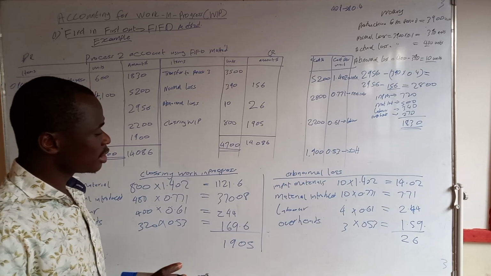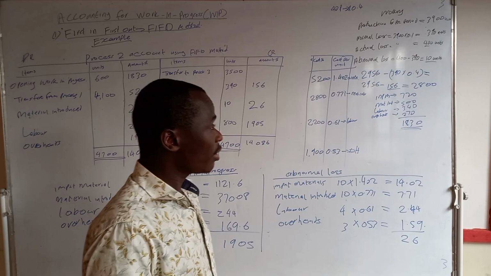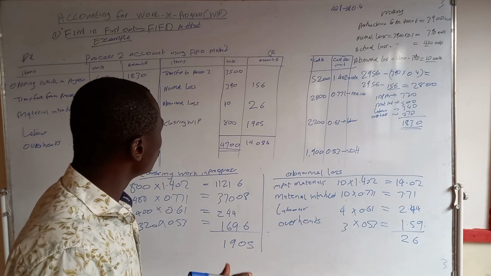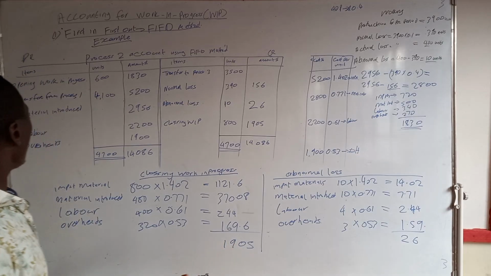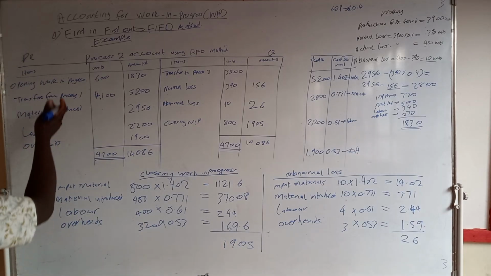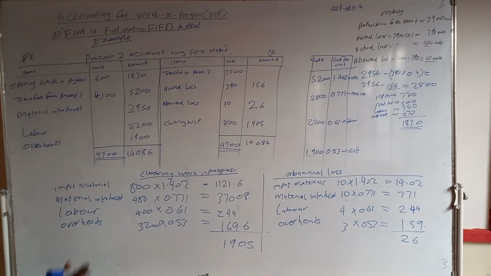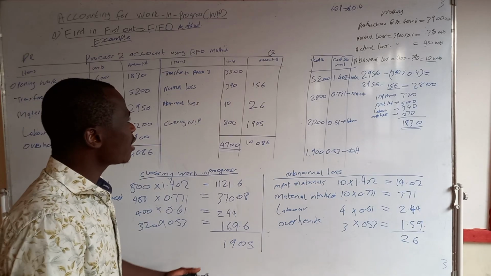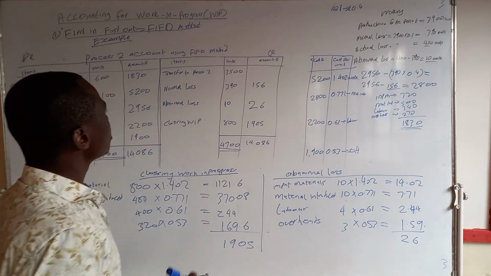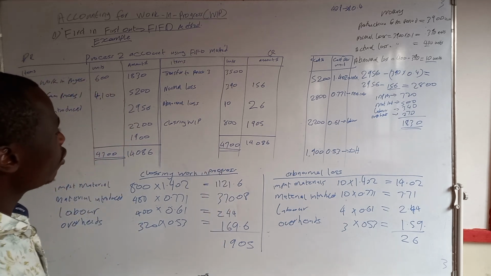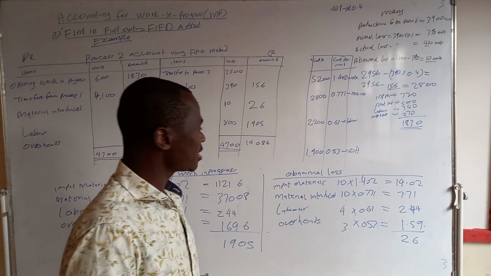So we cannot singularly point to the value of our transfer to process 3 because it is made of opening work in progress, transfer from process 1, and also material introduced, which had different costs. So for us to get the value of transfer to process 3, it is what balances our account.